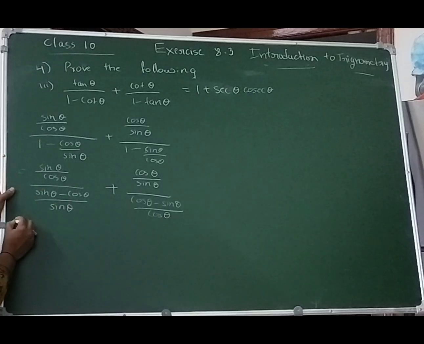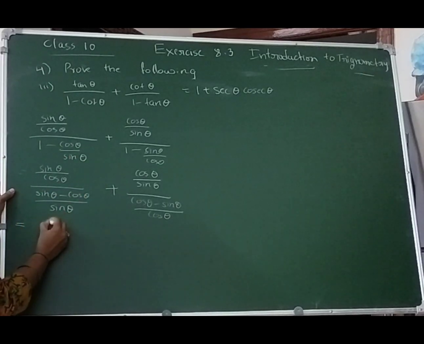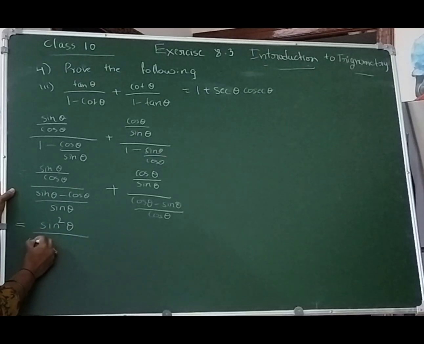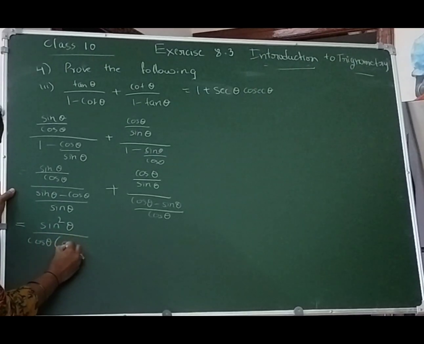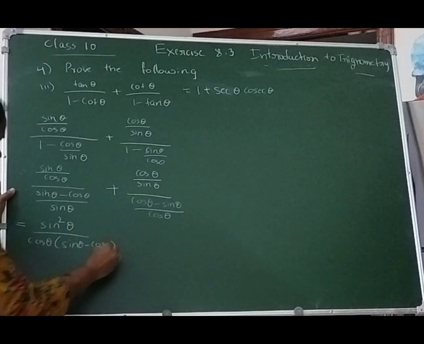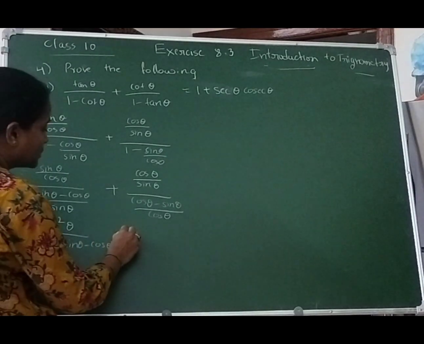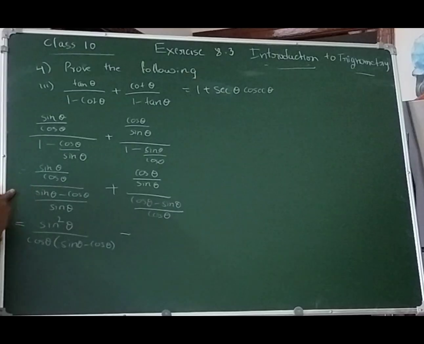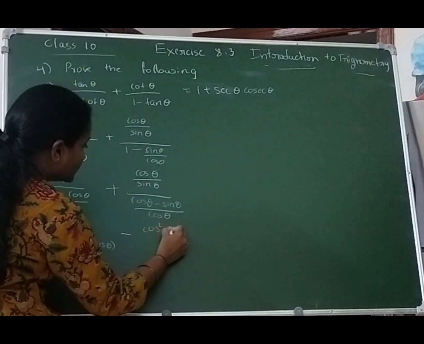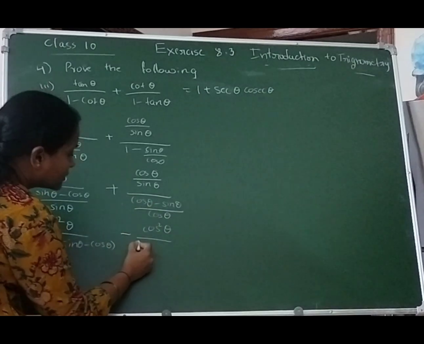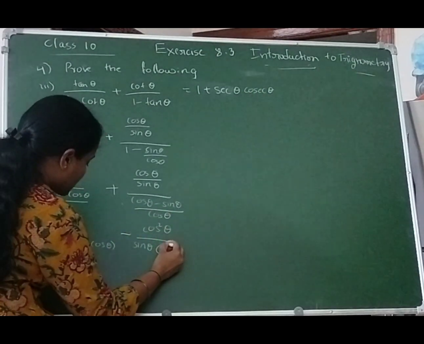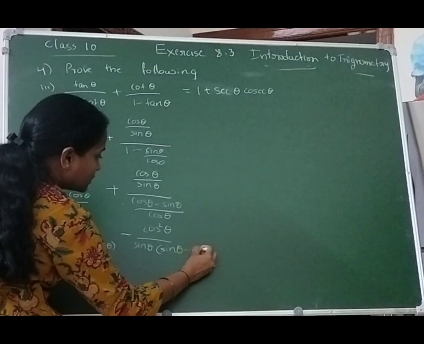So on simplifying, we'll get sin² θ divided by cos θ into (sin θ − cos θ), minus, to make the common term, that (sin θ − cos θ), we will take minus outside and it will reduce to cos² θ divided by sin θ into (sin θ − cos θ).